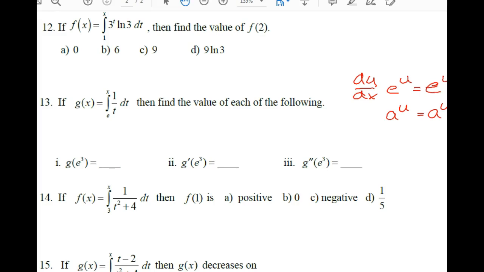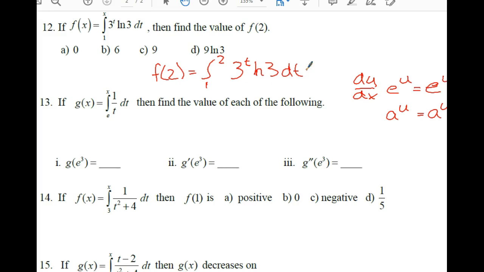Write the integral. F of 2 equals the integral from 1 to 2 of 3^t ln 3 dt. So you're finding the integral to get f of 2.